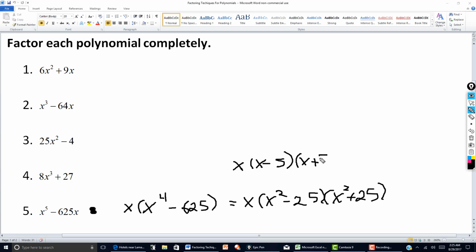Okay, and then I just bring down the other one because that one cannot be factored anymore. So I leave this as x squared plus 25. Okay, so this is the complete factorization of that binomial.